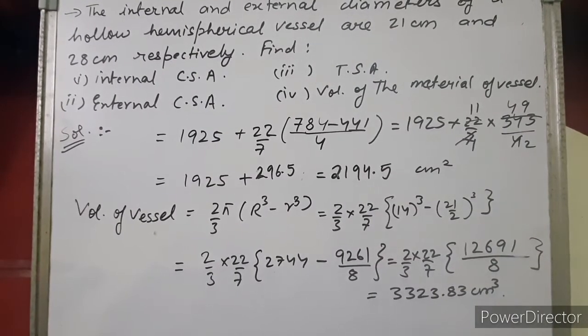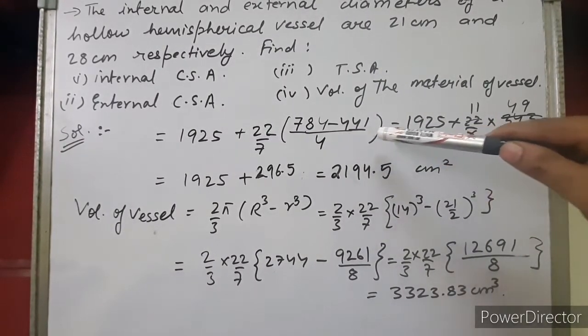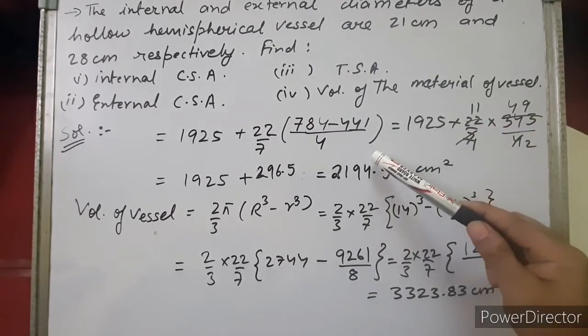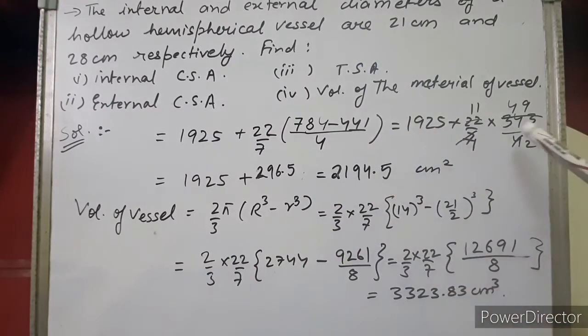So if we solve this term further and take the LCM here, what we'll get? 784 minus 441 upon 4. On simplifying, subtracting these two terms, we'll get 343 upon 4. So 7 49s are 343, and 2 4s, 2 11s are 22.